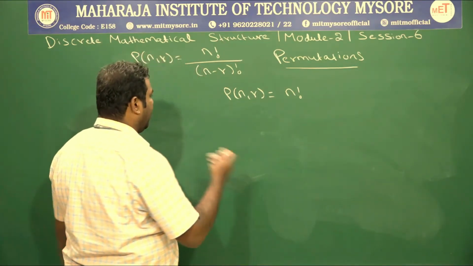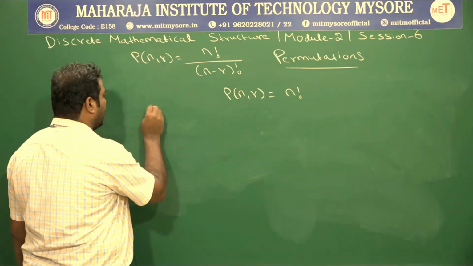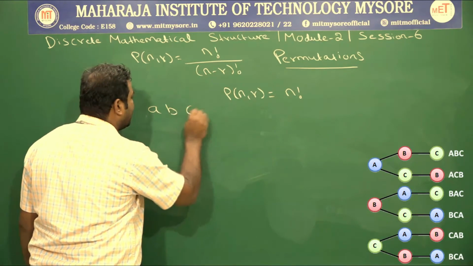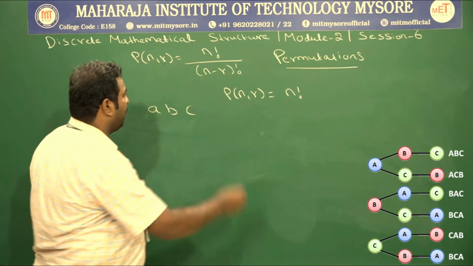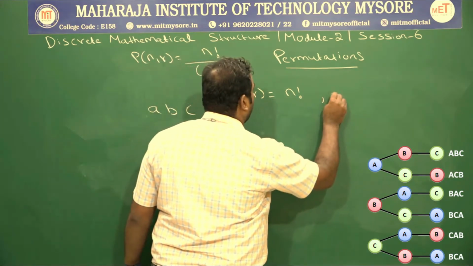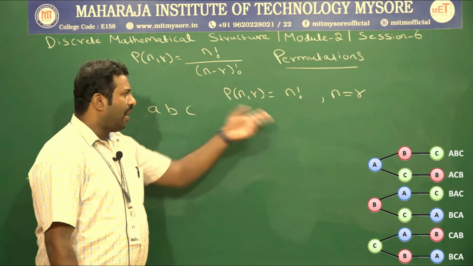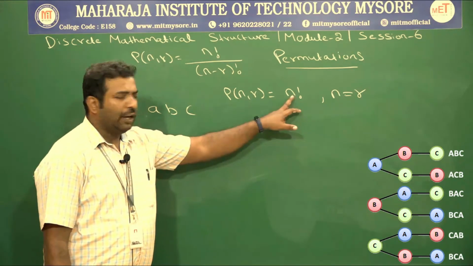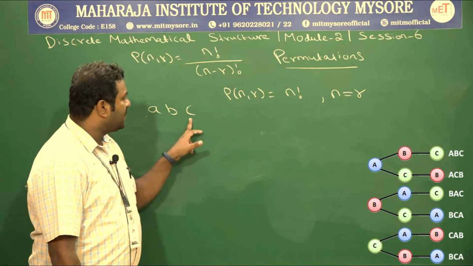Let me take the example of 3 objects A, B and C. I'm talking about the case where the value of n is equal to r. That means if n is 3, r is also 3, and it is n factorial.